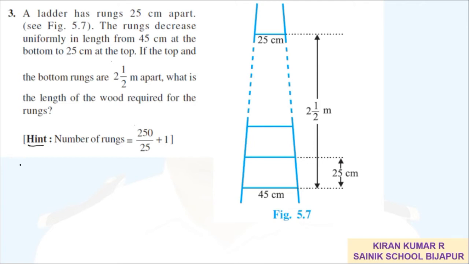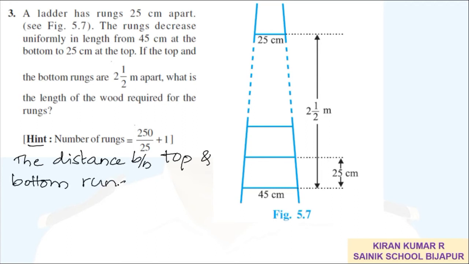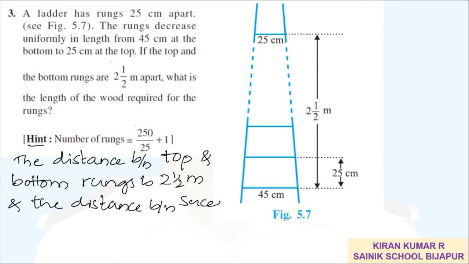So let me mention here the distance between top and bottom rungs is 2.5 meter, and the distance between successive rungs is 25 centimeter.